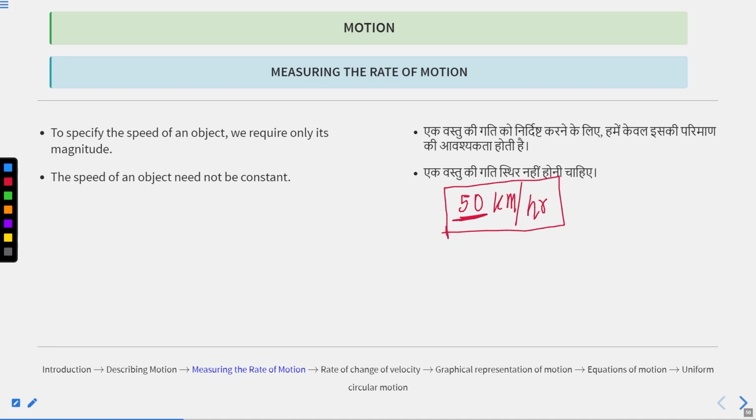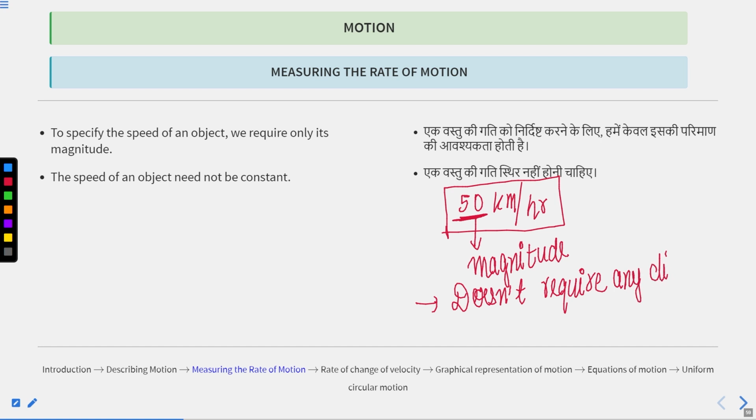Only magnitude is getting indicated. So speed only requires magnitude. It does not require any direction.